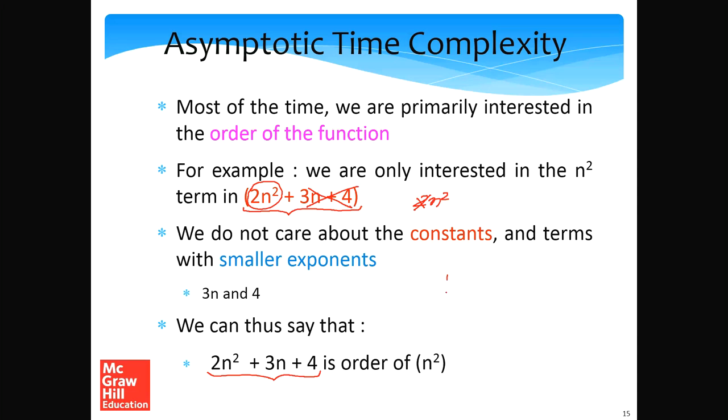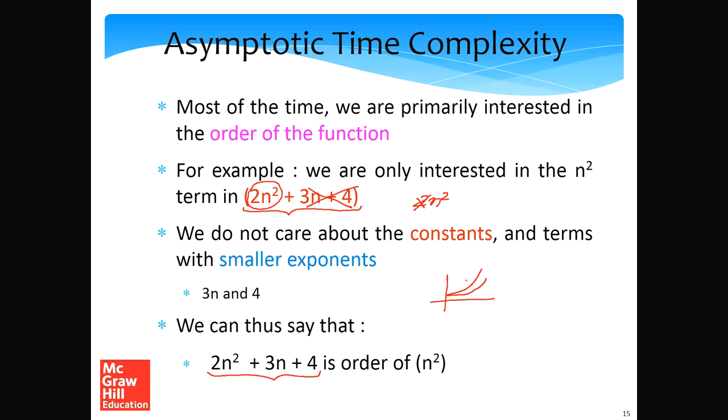If you see, the graph of this function will essentially be a quadratic graph, might be something like this, and maybe n square will sort of be half of it, it will be something like this. But pretty much, we want an approximate representation where we don't want many constants.